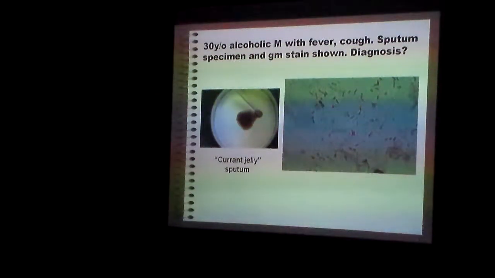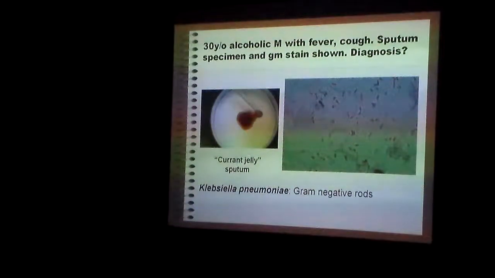Alcoholic patients are at high risk for Klebsiella. If they say currant jelly, you have to remember your buzzwords for your boards, okay? Currant jelly sputum, or if they show you a sputum like that, which is mucoid and reddish, then you worry about Klebsiella, okay? So remember that for your boards. Gram-negative rods. Rods are long and narrow. Cocci are round, okay?